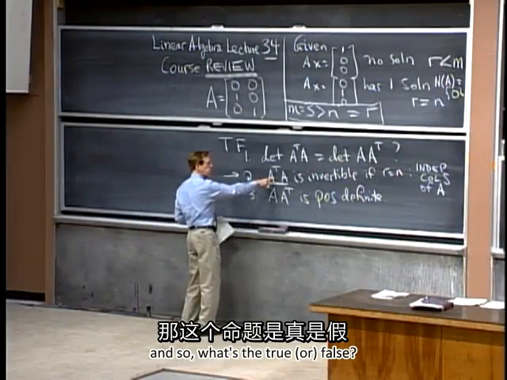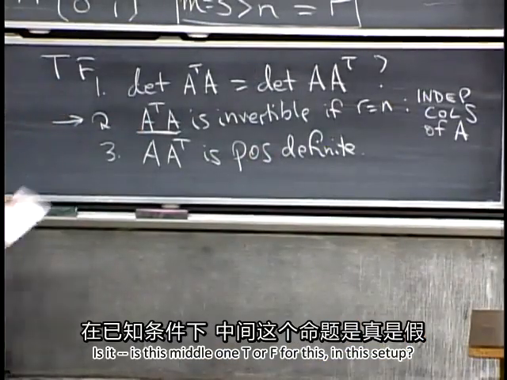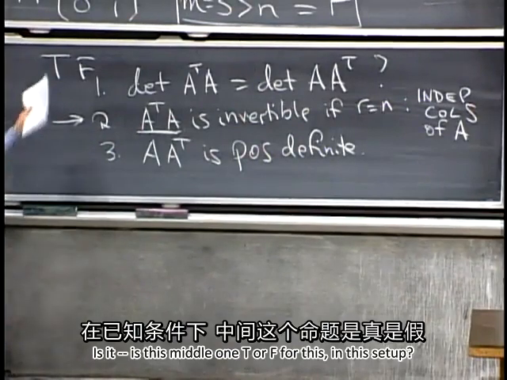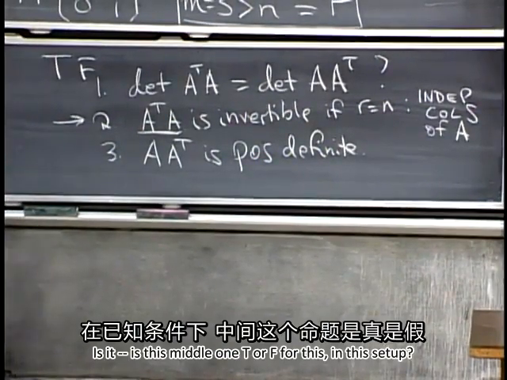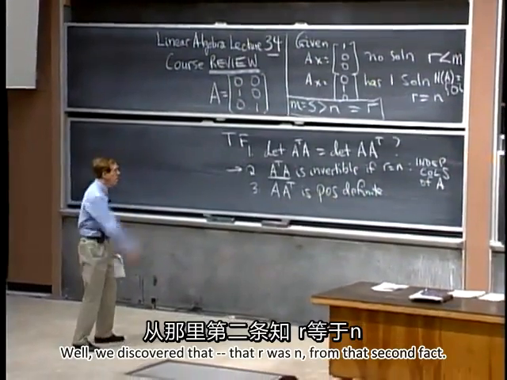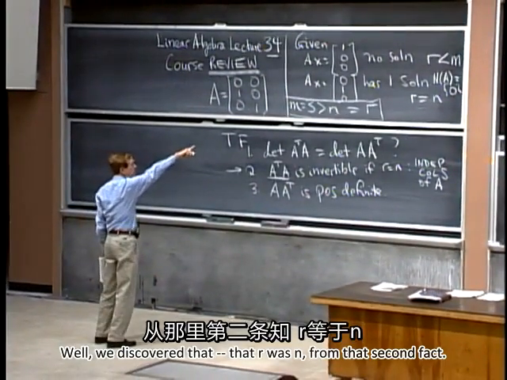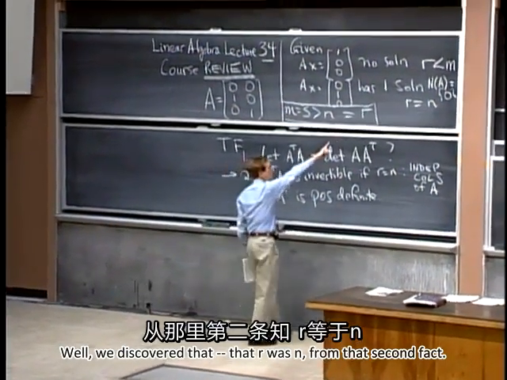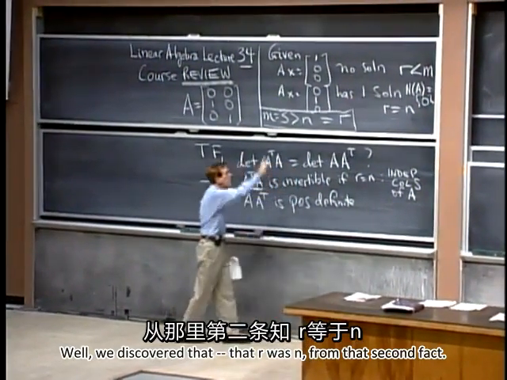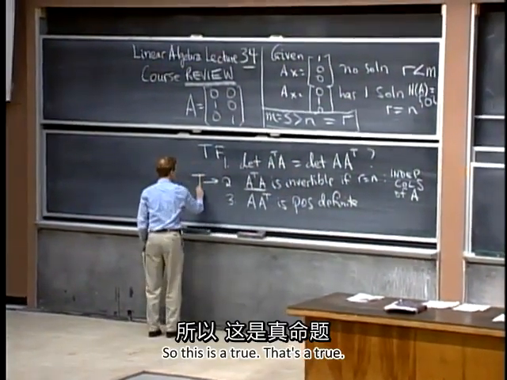So what's the true or false? Is this middle one T or F in this setup? Well, we discovered that r was n from that second fact. So this is a true.